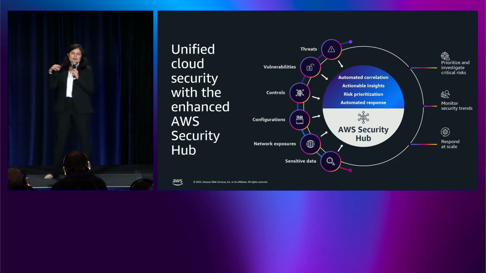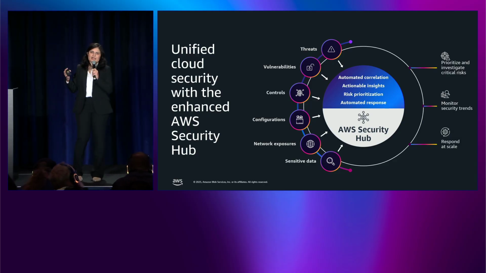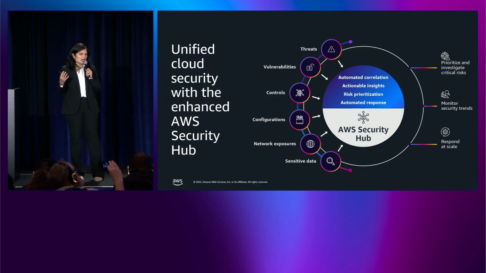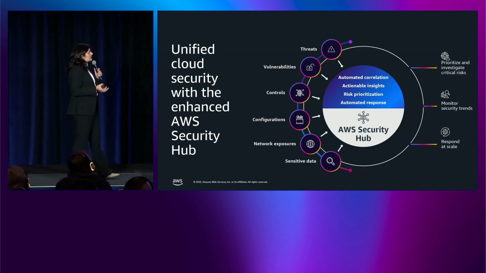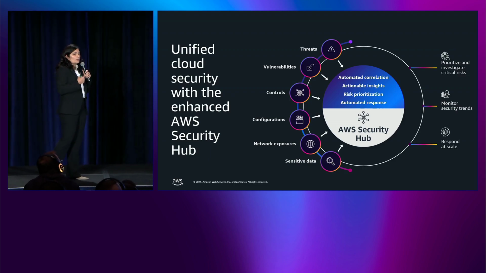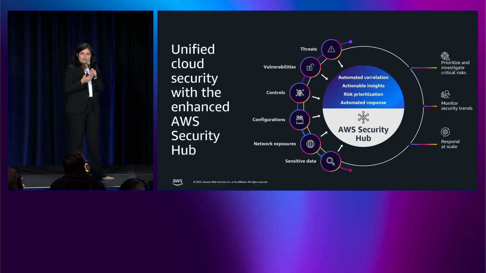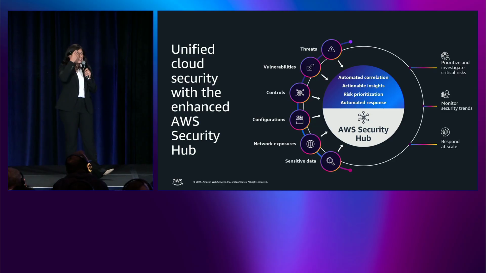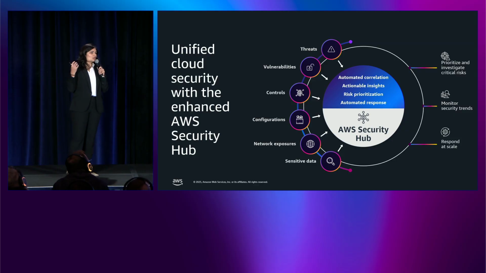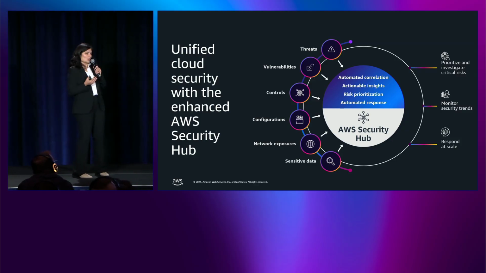Many of you probably already are familiar with Security Hub. Our original Security Hub is now rebranded as Security Hub CSPM. We have a new platform for security finding aggregation that aggregates threat findings from GuardDuty, vulnerabilities from Inspector, controls for resources, exposures, and configurations, along with sensitive data from Macie, all of that together to have a combined risk score.